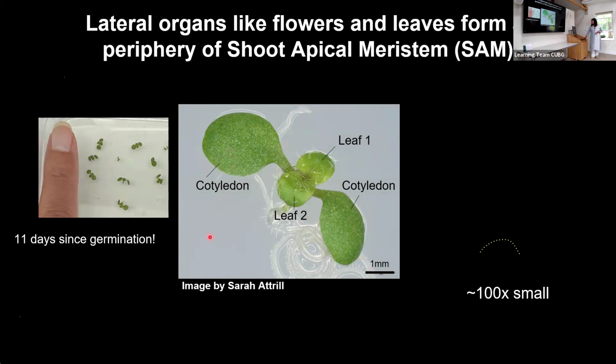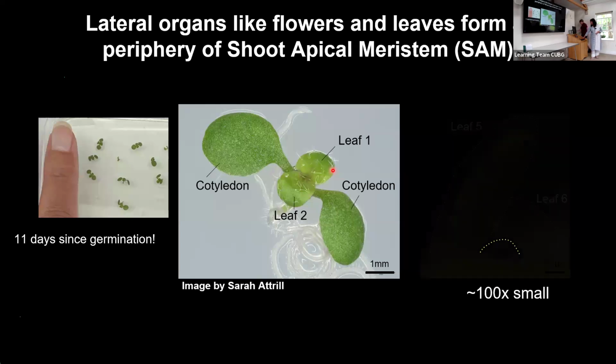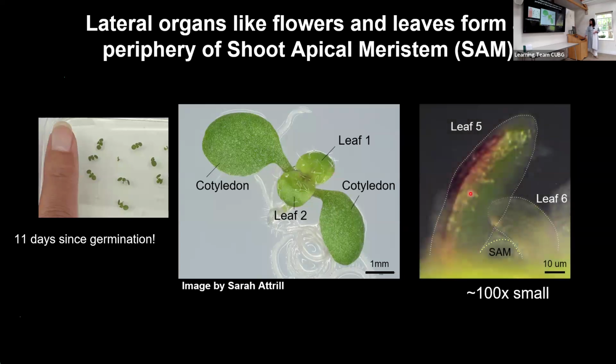It has already formed 2 embryonic leaves and then leaf 1 and 2. And if we remove these leaves, we can see that it is continuously forming new leaves, which is like, so I remove leaf 1 and 2, and then I remove leaf 3 and 4, and these are leaf 5 and 6.